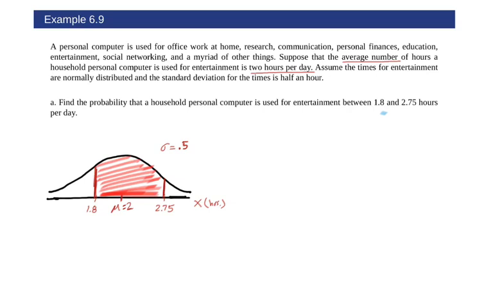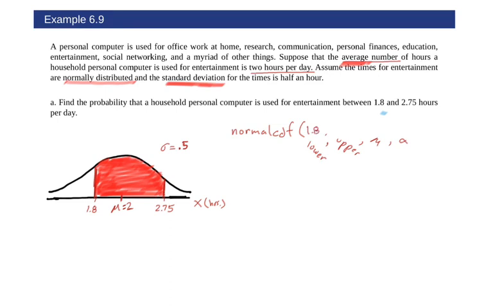Okay. Now note, this time I want to find the probability, which means I want to find the area. So we're going to use a regular normal CDF. Okay, so we're going to use a normal CDF, and it's always your lower, your upper, your mean, and standard deviation.